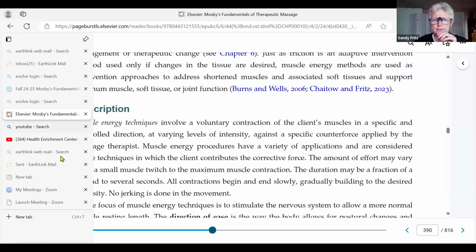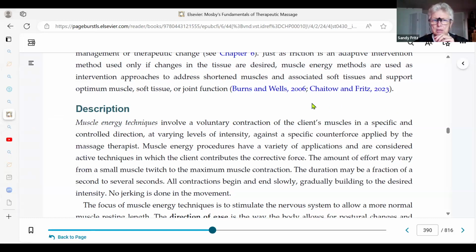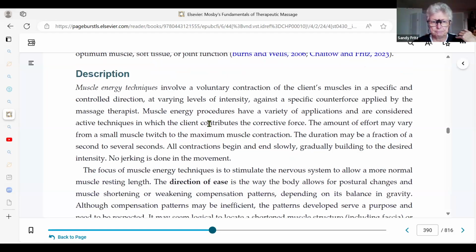And if the hypomobility, if the reduced range of motion has to do with a guarding response that's not necessary anymore, or some kind of a neurological imbalance between agonist and antagonist or other functional muscle units, then this kind of kicks the nervous system's attention into gear, and then that area is able to move into a more normal function.